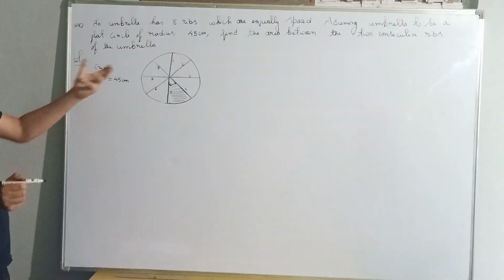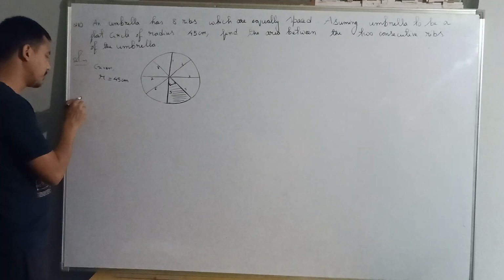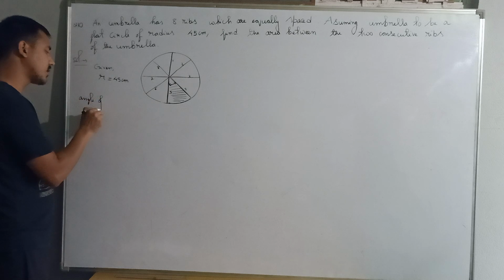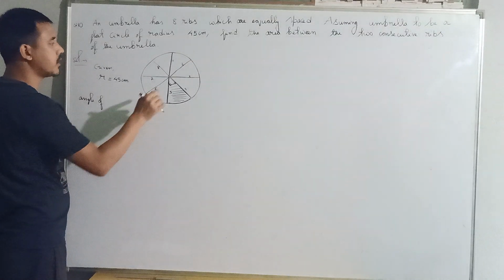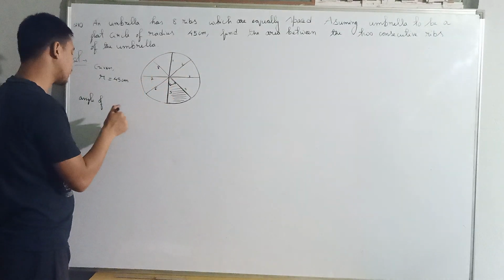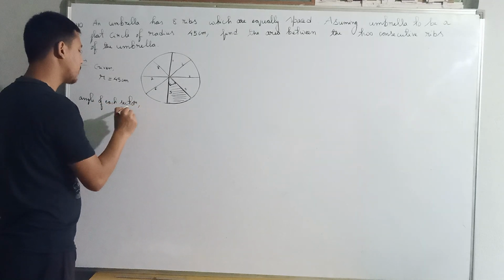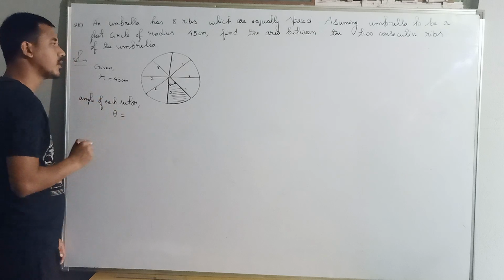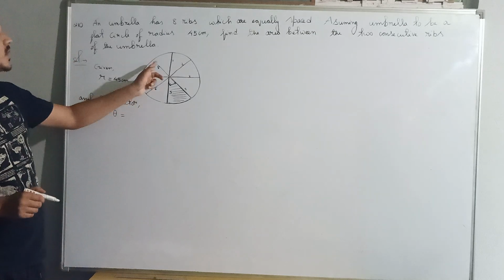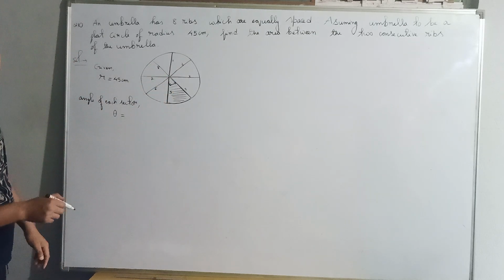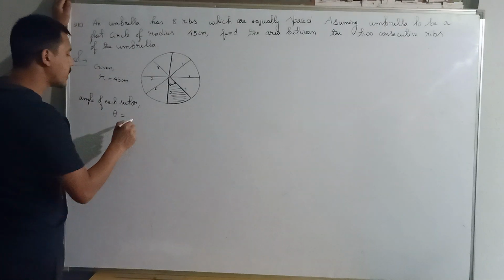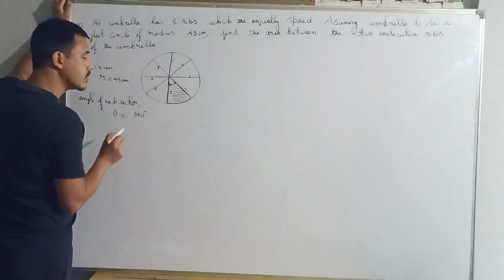Now let's find out the angle of the sector. There are 8 sectors, so angle of each sector, theta, will be given by... Now we know that a circle has complete angle of 360 degrees.